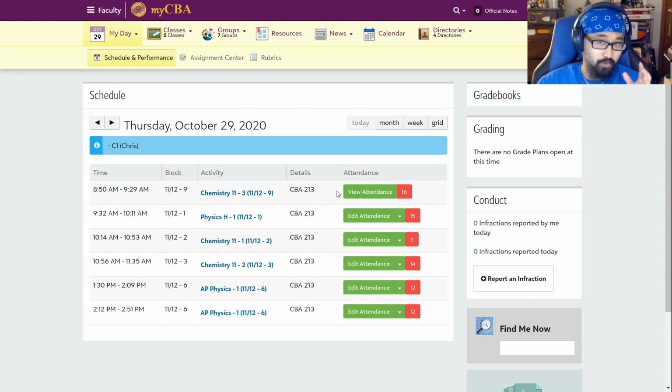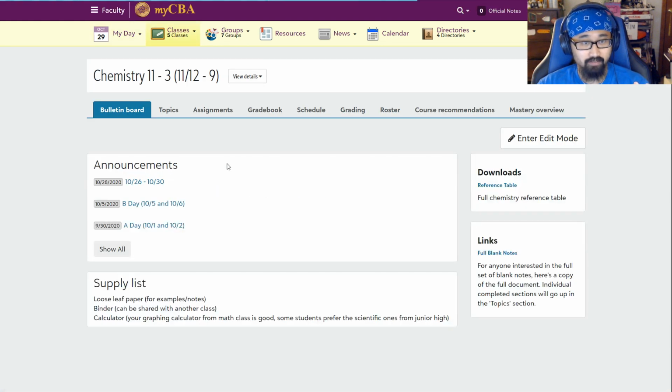So I just want to show y'all where this is actually located, and what I've just found out is that it looks slightly different on mobile. I'm always doing this from a computer, whether it's a desktop, a laptop, even a Chromebook. Any kind of non-mobile interface will look like this. I can click on a chemistry class.